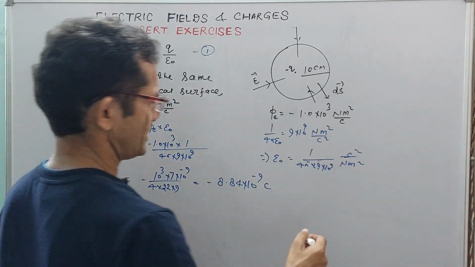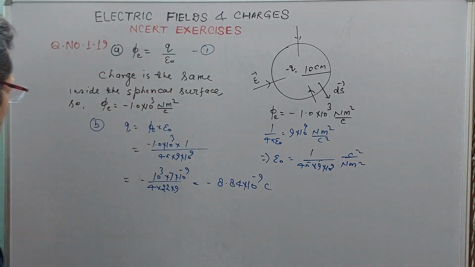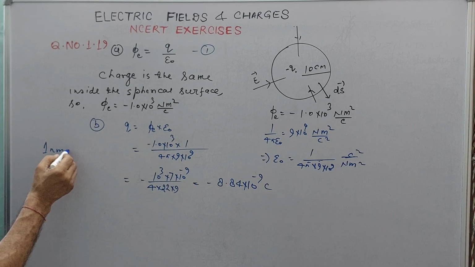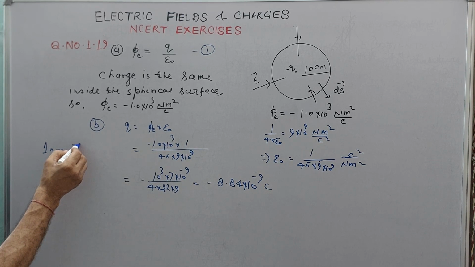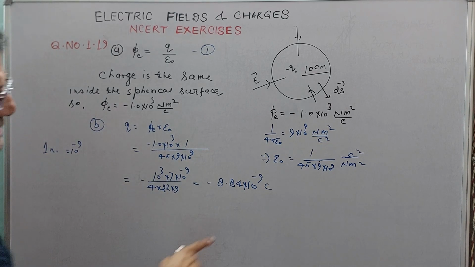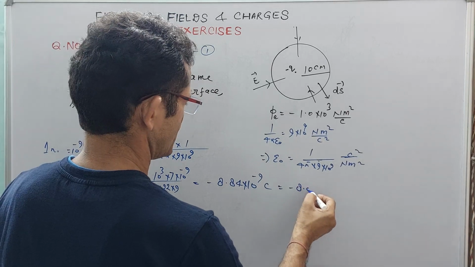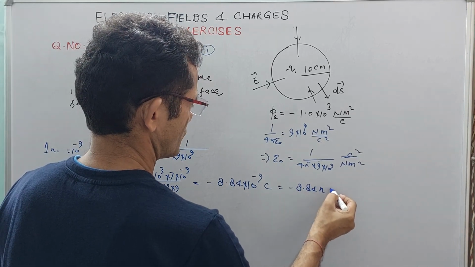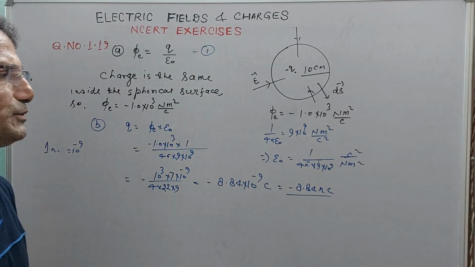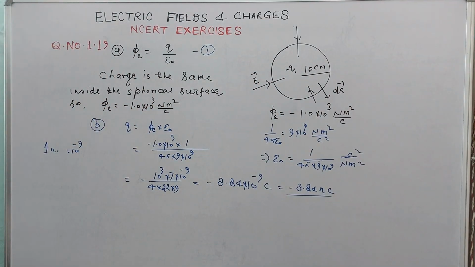We know that 1 nano means 10 raised to the power minus 9. Now this can be replaced as minus 8.84 nano coulomb. So this is the value of the charge inside of the spherical surface.